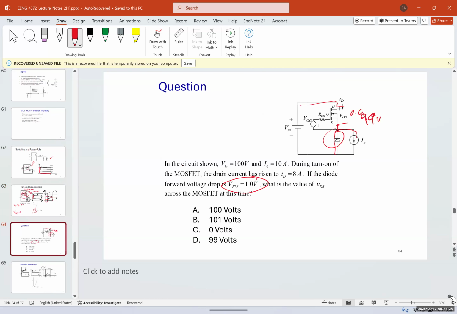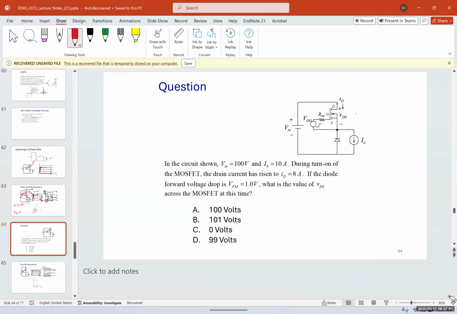Now a practice problem. In the circuit shown, Vin is 100 volts and I out is 10 amps. During the turn on of the MOSFET, the drain current ID has risen to 8 amps.